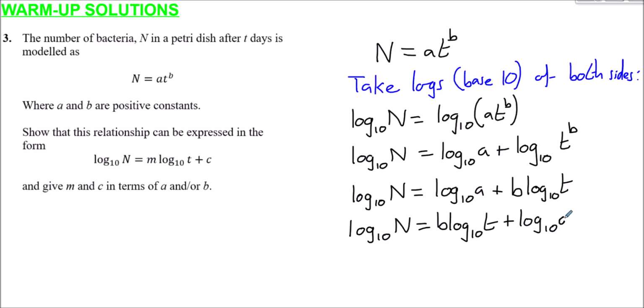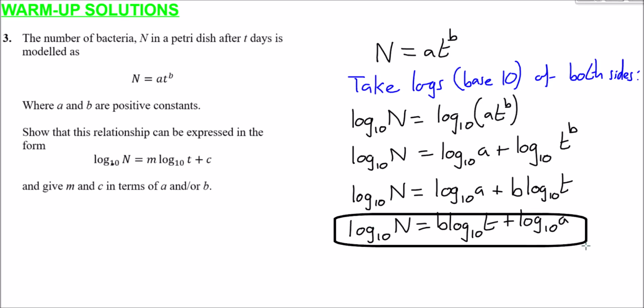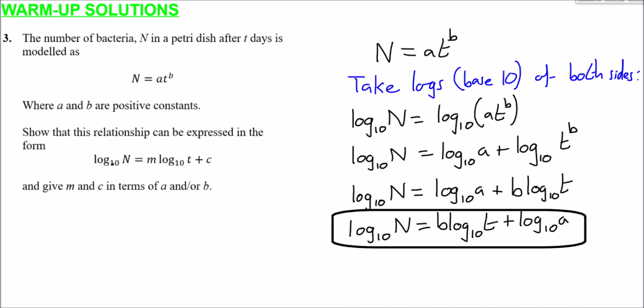We can now compare and contrast what we have here compared to what we need over there. So we've got log₁₀ n first, which is obviously this. Then we have log₁₀ t here. So the stuff in front, the m, is b.